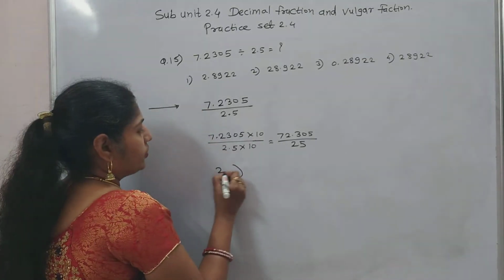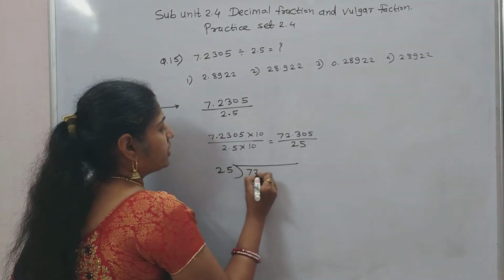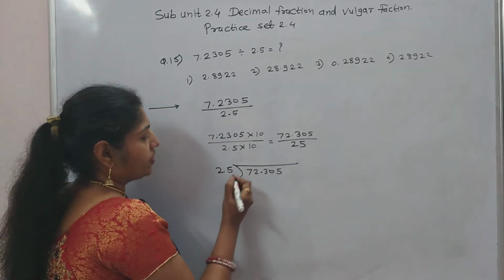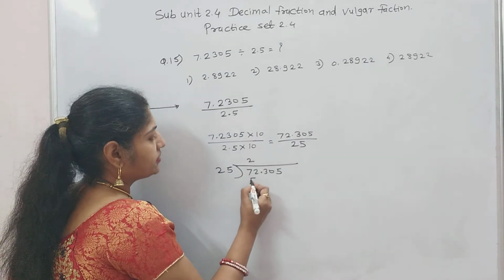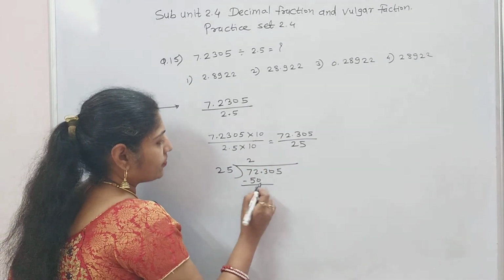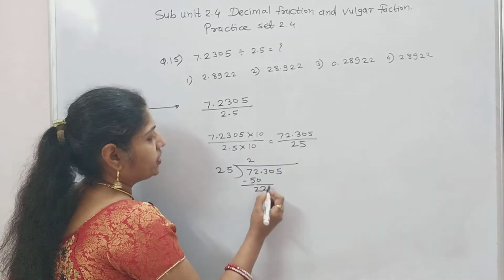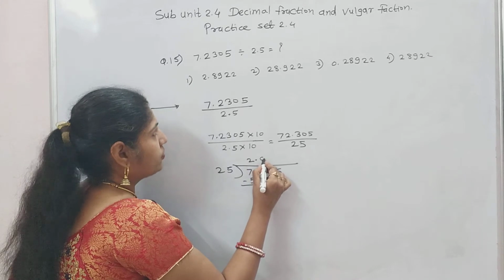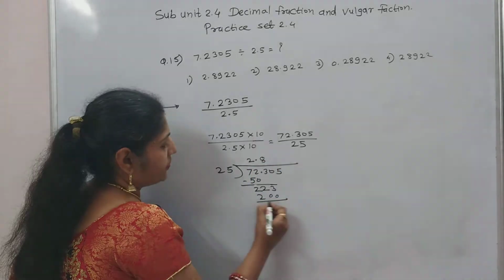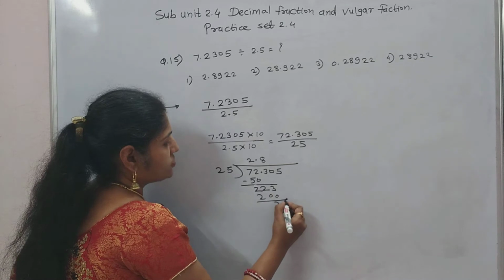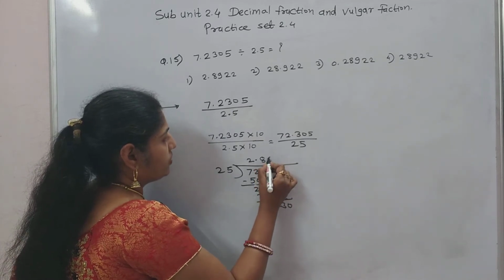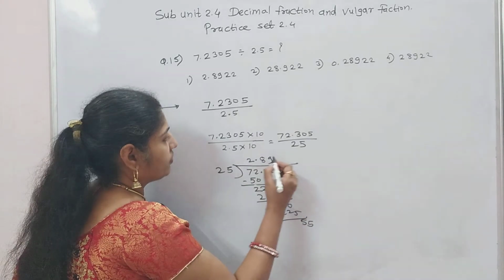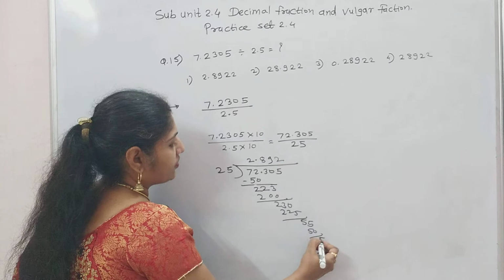Now 72.305 divided by 25. 25 2s are 50. 22.3. 25 8s are 200. 23 remainder 0. 25 9s are 225. 5. 25 2s are 50. 5.